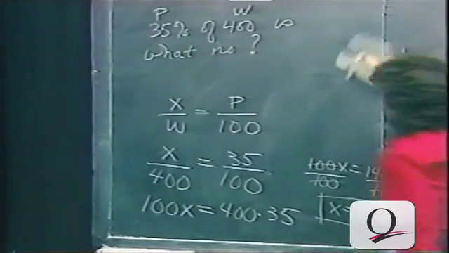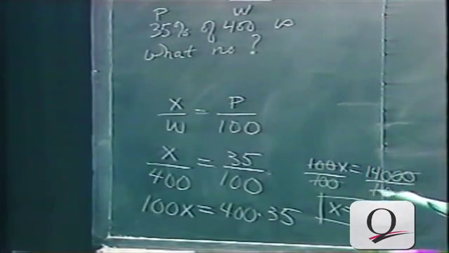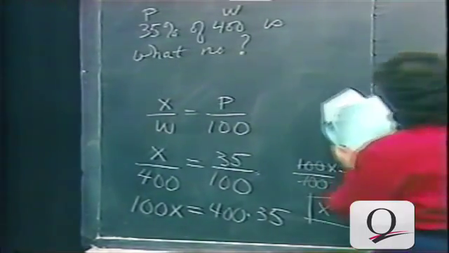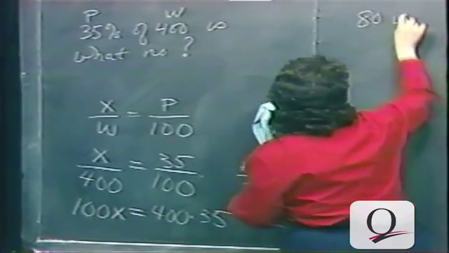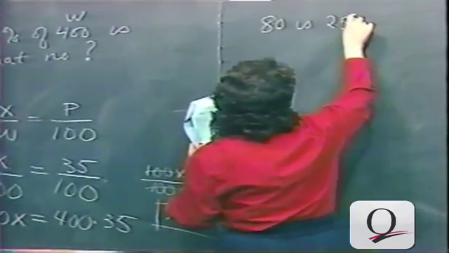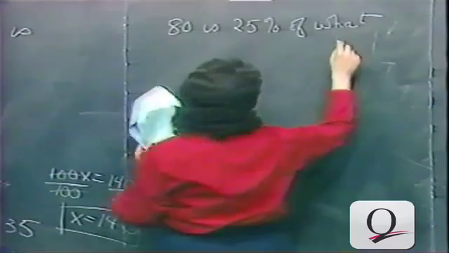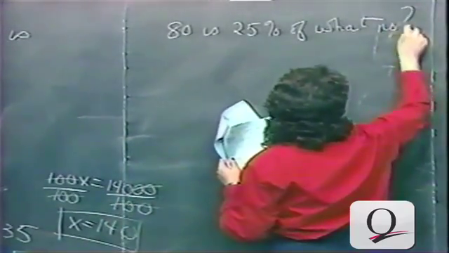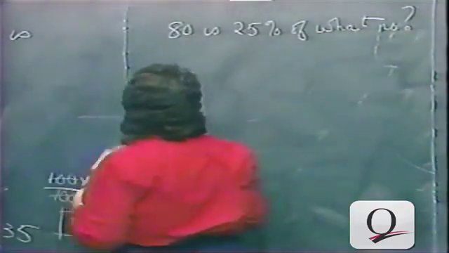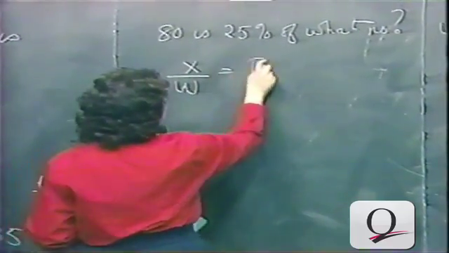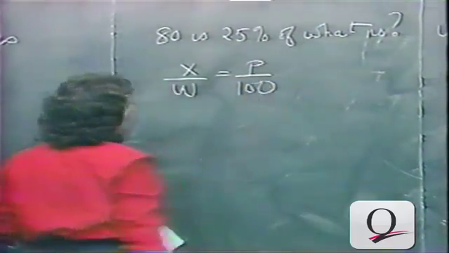So you've seen two examples where what we were looking for was X. Let's try some more examples. 80 is 25% of what number? X is to W as P is to 100.